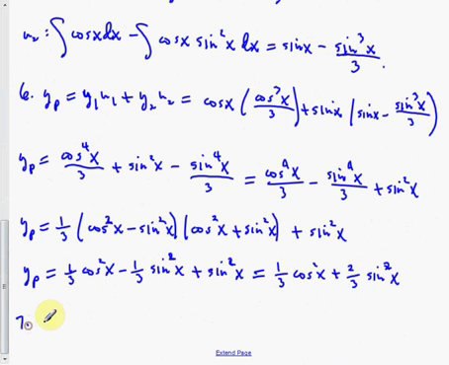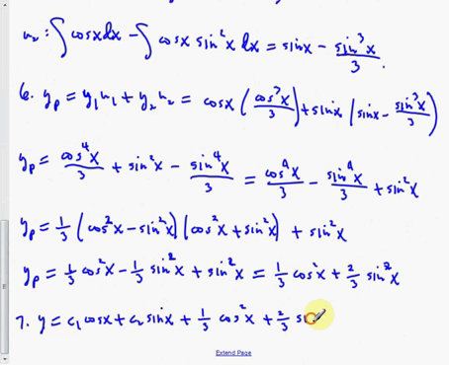So step number 7, y is equal to y sub c plus y sub p. This is c sub 1 times cosine x plus c sub 2 times sine x plus the y sub p, which is plus 1/3 cosine squared x plus 2/3 sine square x.